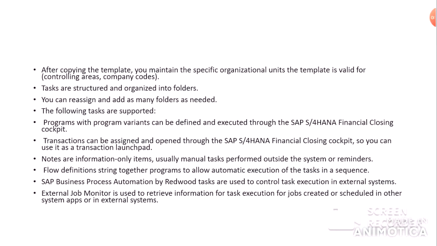External Job Monitor is used to retrieve information for task execution for jobs created or scheduled in other system apps or in external systems.